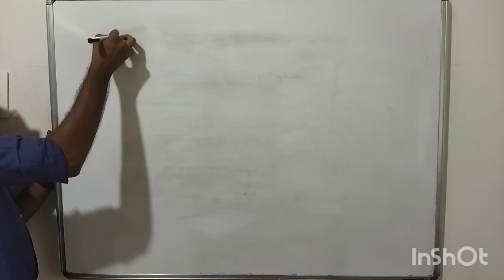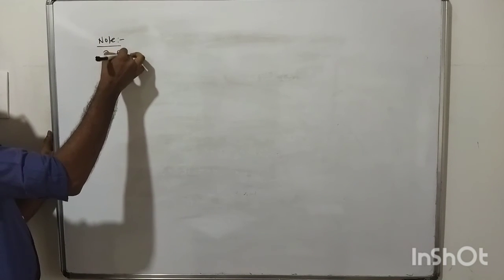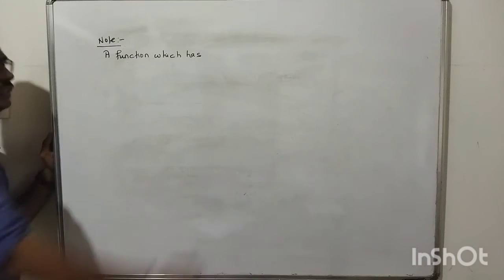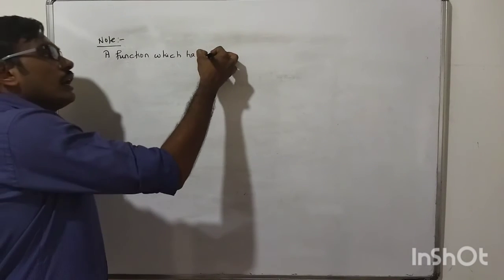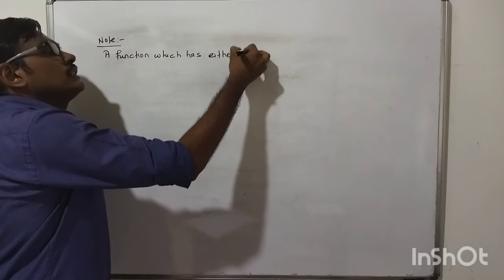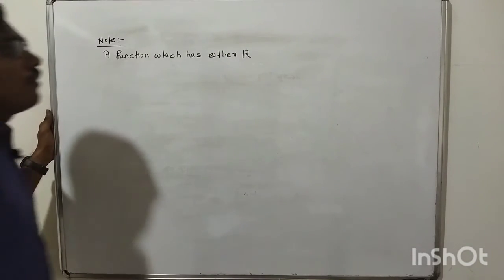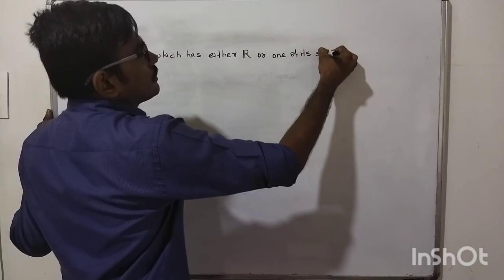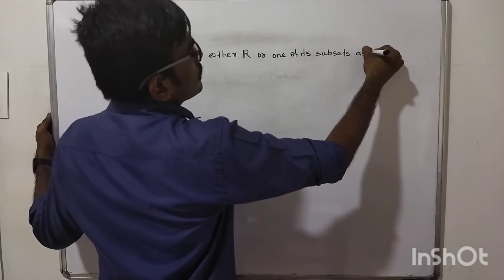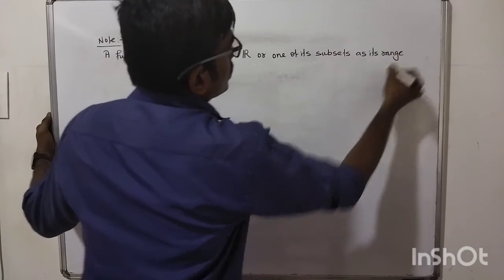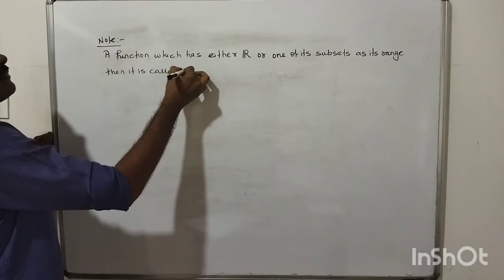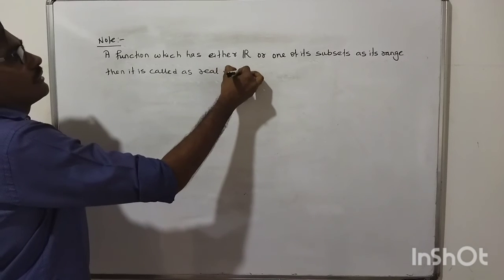So first is like this: a function which has either R, which means the set of real numbers, or one of its subsets as its range, then it is called a real valued function.